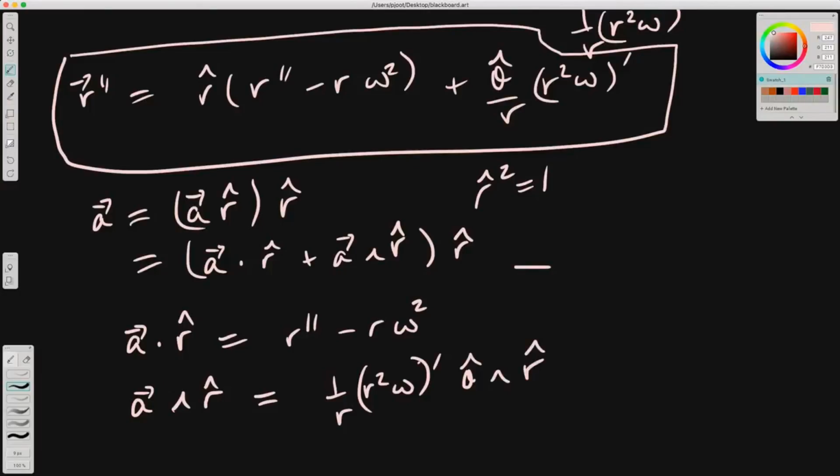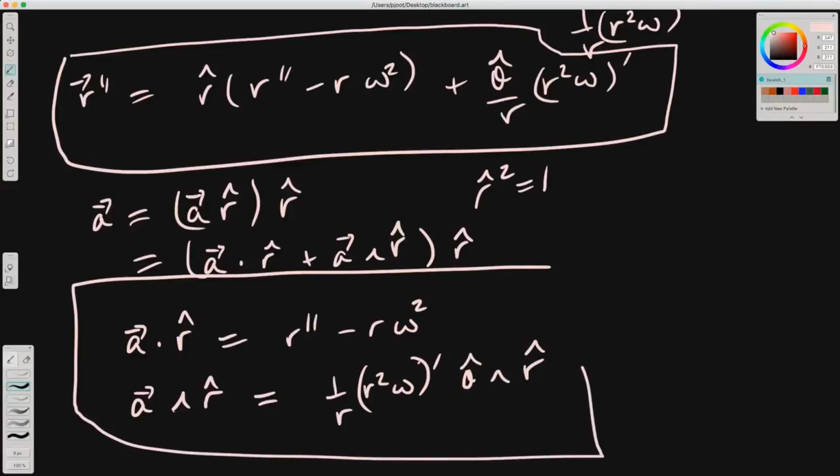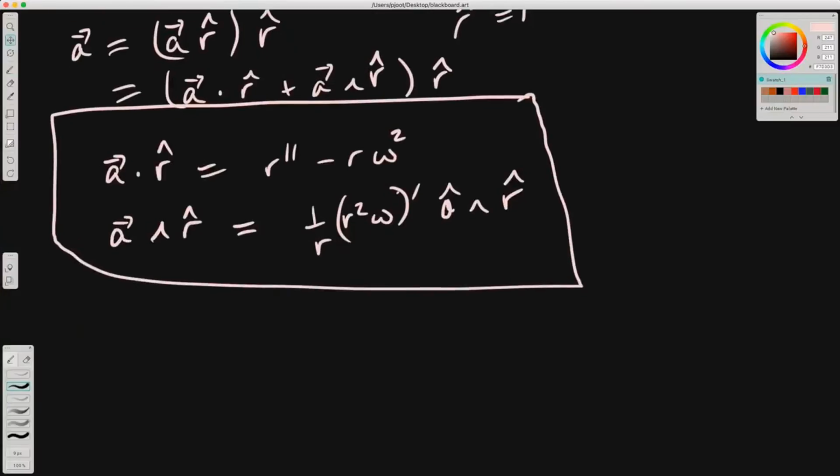So here are the projection and the rejection breakdowns of the acceleration. And so you could write these in terms of the cross product if you like, because you have, let me slide this up.